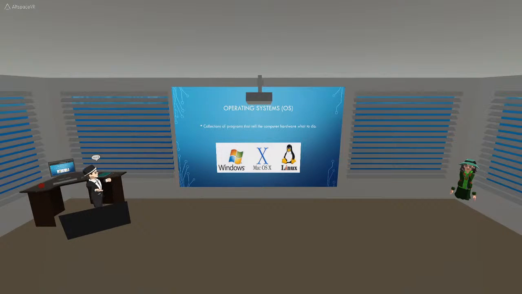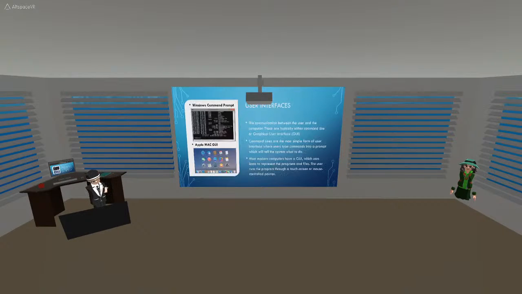So operating system, known as the OS, programs that tell a computer hardware what to do. The user interface. So we have an example of Windows Command Prompt and Apple Mac GUI, which stands for graphical user interface. The communication between the user and the computer.